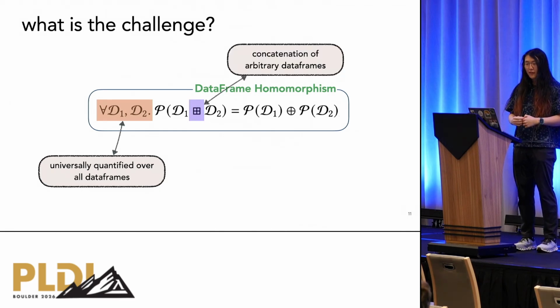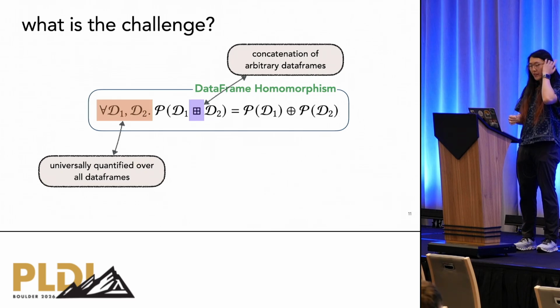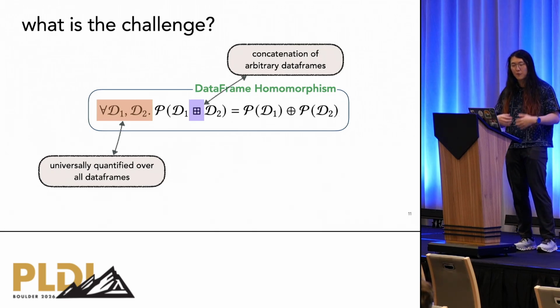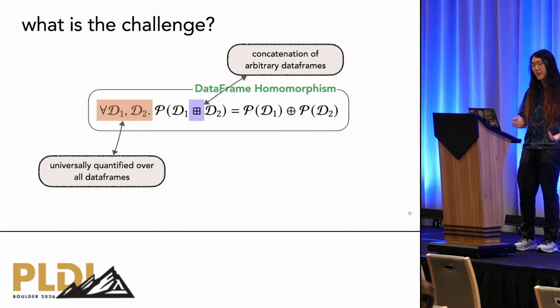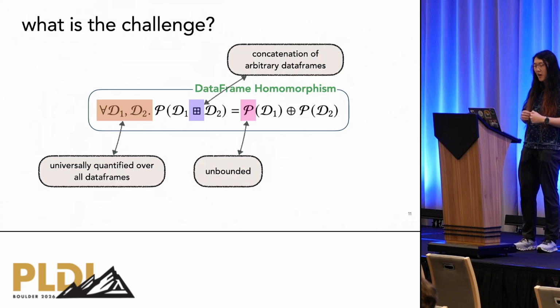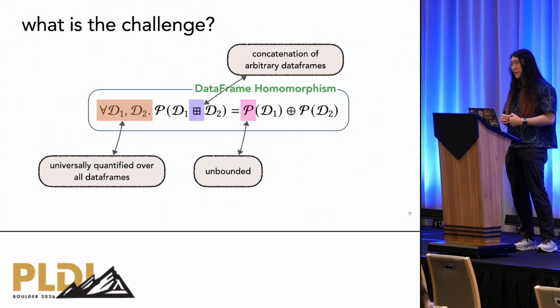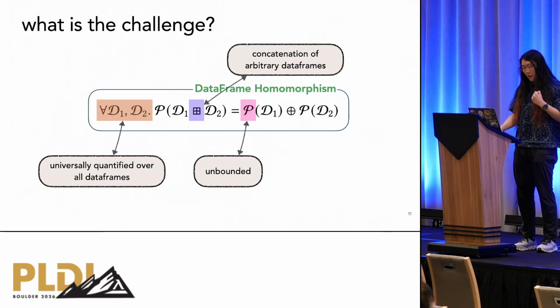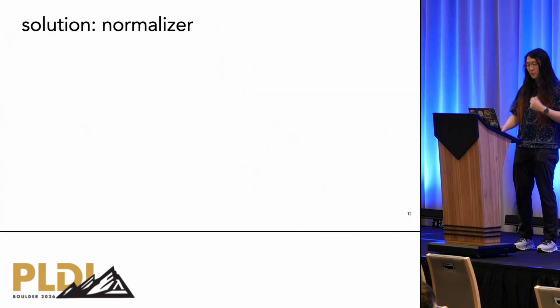Secondly, the specification includes reasoning over concatenation of arbitrary data frames, so you need to reason about the semantics of concatenation here. And finally, the UDF computation itself, P, is unbounded over the input data frame. So this makes a really challenging relational verification problem.